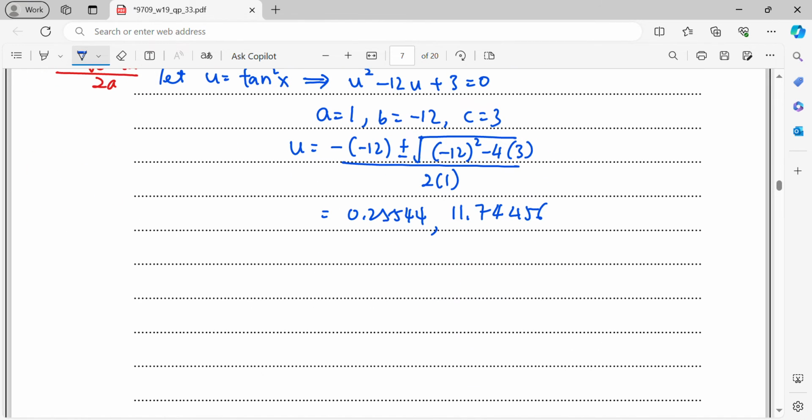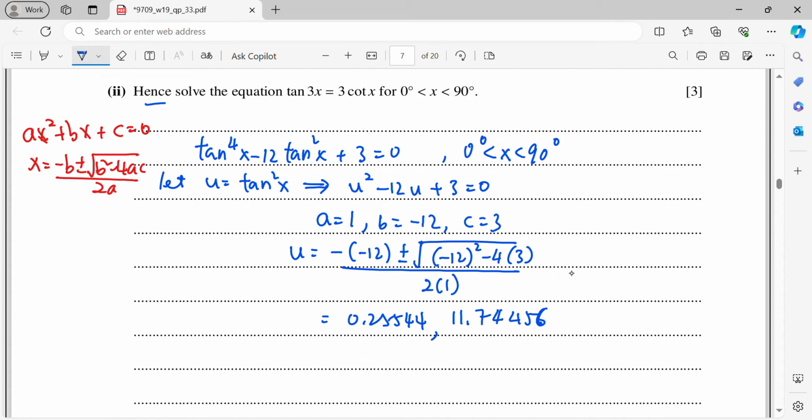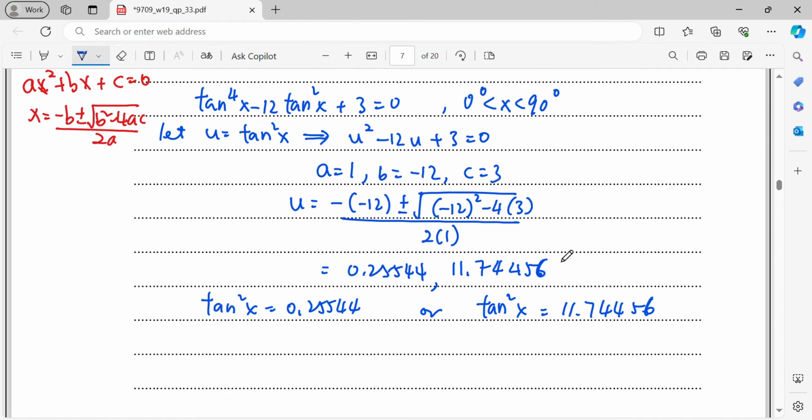And now I am solving u, but then the question is x. So now you change back. That means tangent square x is 0.25544, or tangent square x is 11.74456.